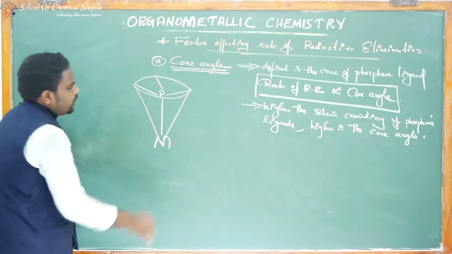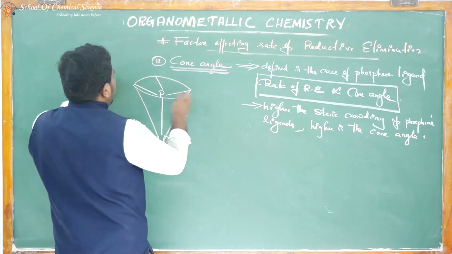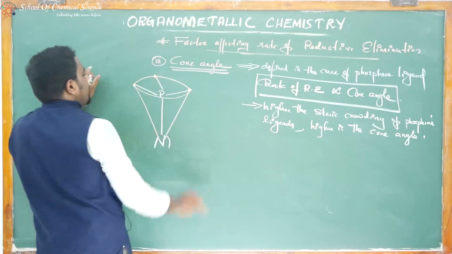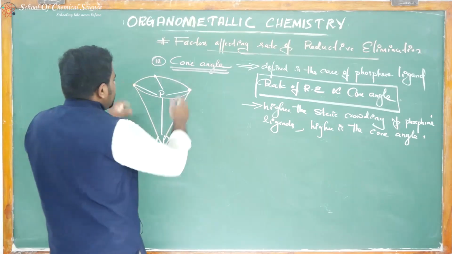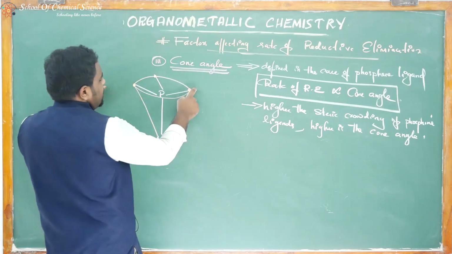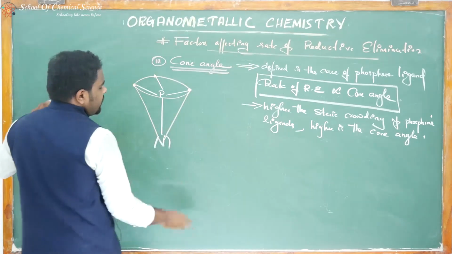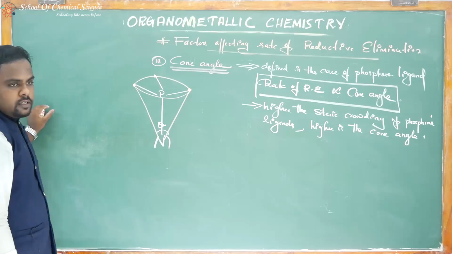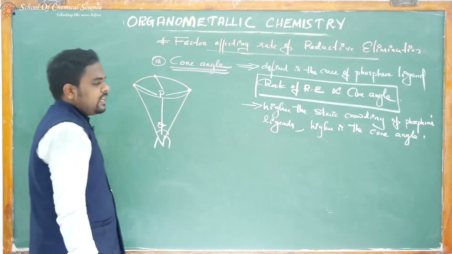At the bottom portion of the cone there is the metal, and these are the 3 valencies of the phosphine ligand. If these substituents are bulky, this is one substituent, second one, third one, definitely this cone angle theta will also increase. So higher the steric crowding of the phosphine ligands, higher the cone angle.